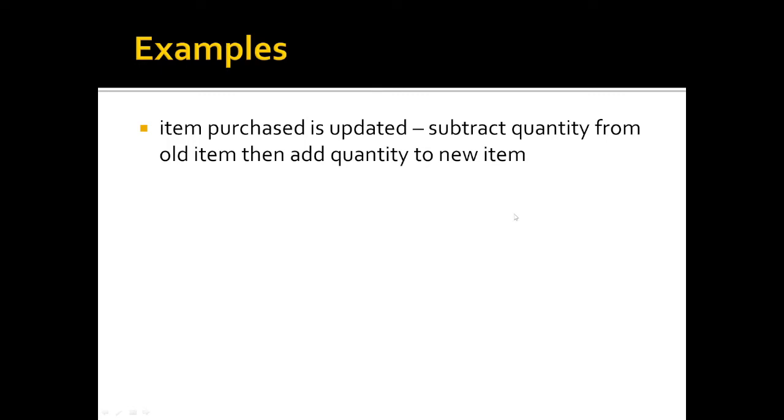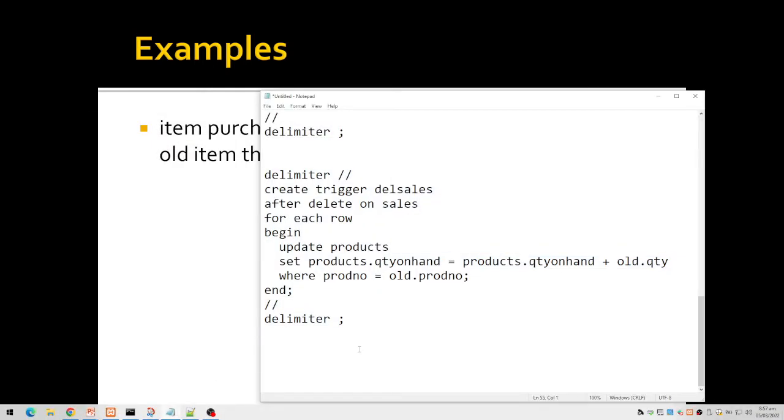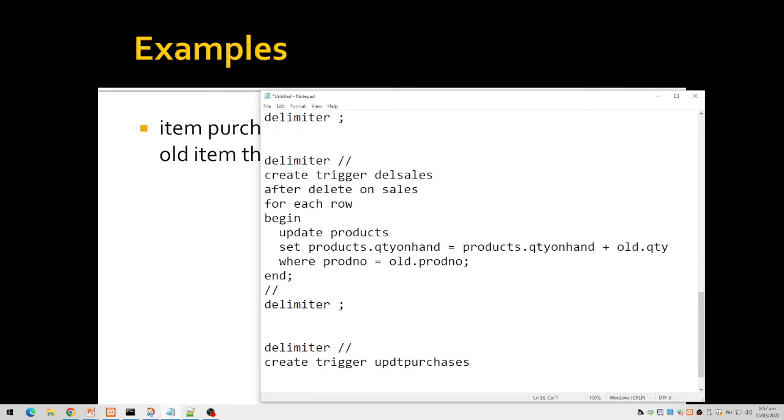So we subtract quantity from the old item, then add quantity to the new item. So we have here the delimiter, create trigger update_purchases. So that's the name of my trigger.